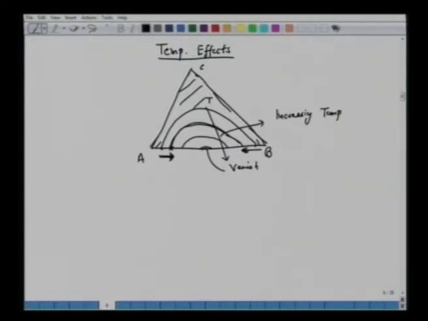And at this point, now we have completely soluble. So essentially, the whole phase diagram will vanish, and we have perfectly homogeneous solutions of A and B and C. So this is what you will also expect here. All right. So this is about the temperature effects.